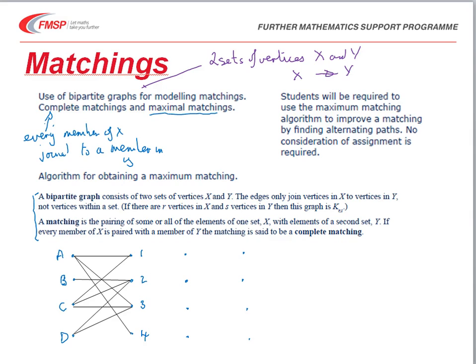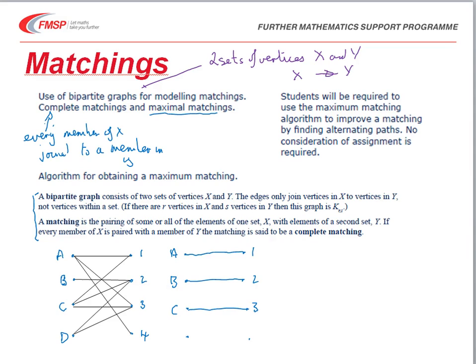We start off with a feasible matching. Anything can be used as a starting point, however the usual thing is that the question will tell you some feasible matching to start off with. In this case, I'm going to start off with A matched to 1, B matched to 2, and C matched to 3.